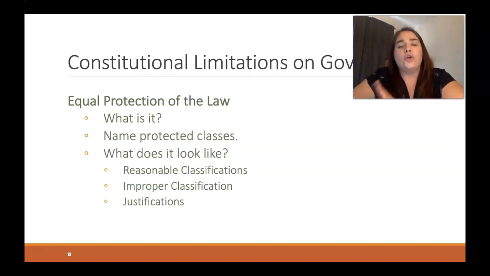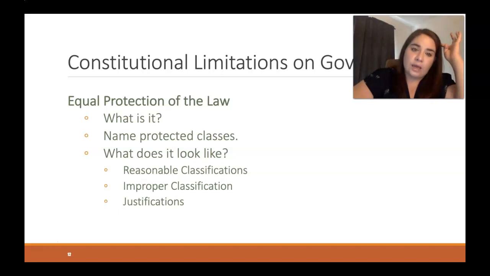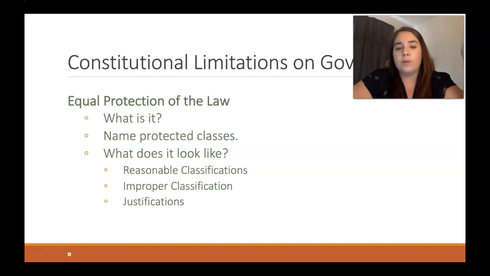Now, you can discriminate against people, for clarity. Private actors can discriminate. We've had a lot of case law come down. If any of you remember the bakery that refused a gay couple to make their wedding cake, they can do that because they are not a government actor. Again, these are constitutional limitations on our government. So there are some ways that the federal government can discriminate against people, and that's specifically where there's a reasonable classification based on a reasonable justification.